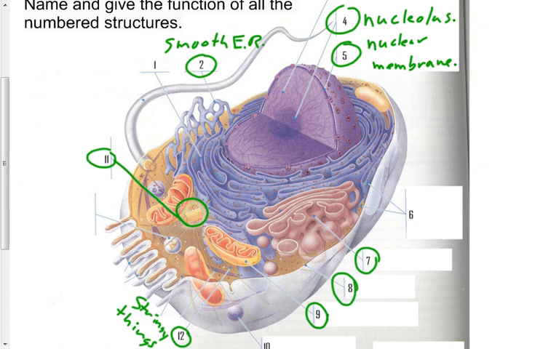Number 7. What would number 7 be, Michaela? Golgi apparatus. Okay, and what does the Golgi apparatus do, Bria?